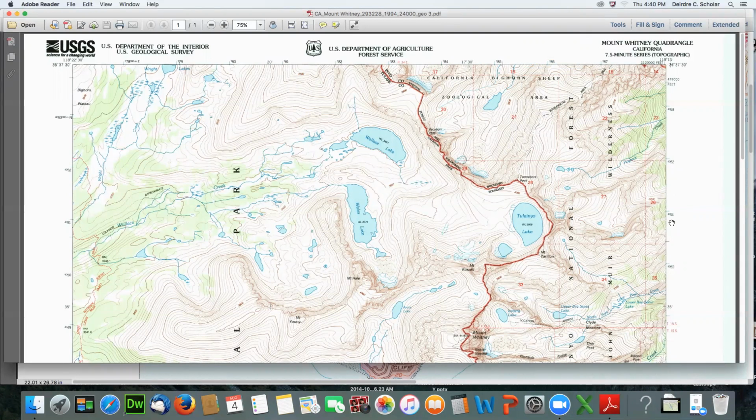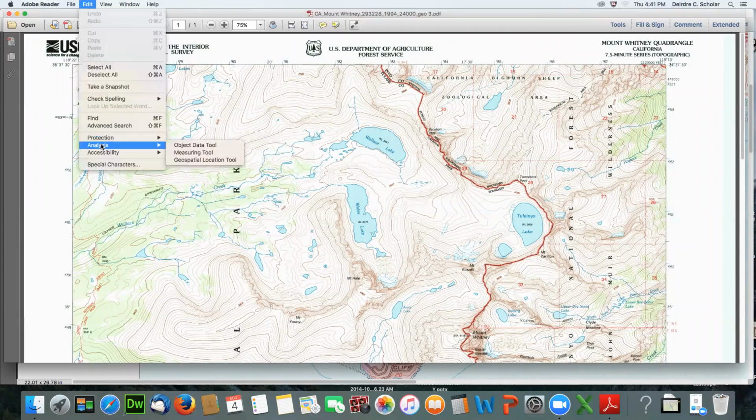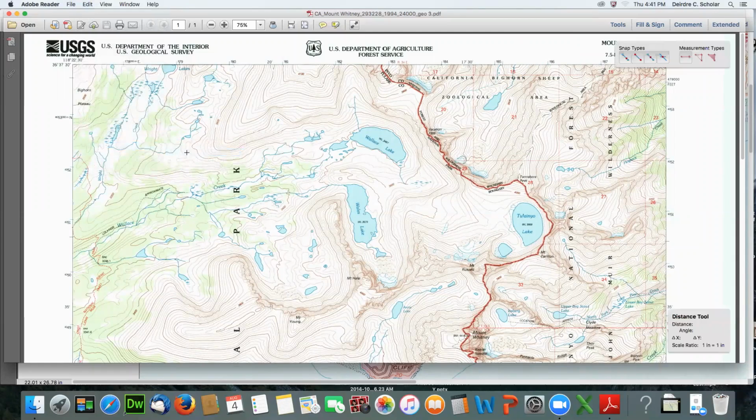The last portion of our handout deals with specific questions about the Mount Whitney quad. We're going to begin by measuring the approximate length from north to south of Topographic Lake on the Mount Whitney quad. In order to measure, we're going to use the measuring tool.